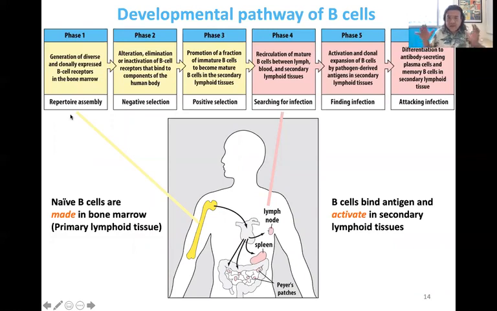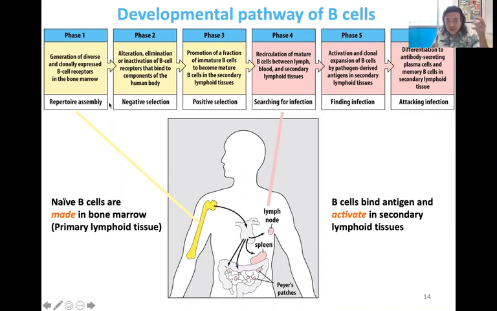So this slide summarizes what we've been talking about so far in the developmental pathway of B cells. The developmental pathway of B cells involves two main locations within your body. The first few developmental phases, the ones that we've talked about today, are these yellow ones, and they take place in primary lymphoid tissue, like the bone marrow of the long bones of your arms, the legs, and also the bones of your pelvis, right?